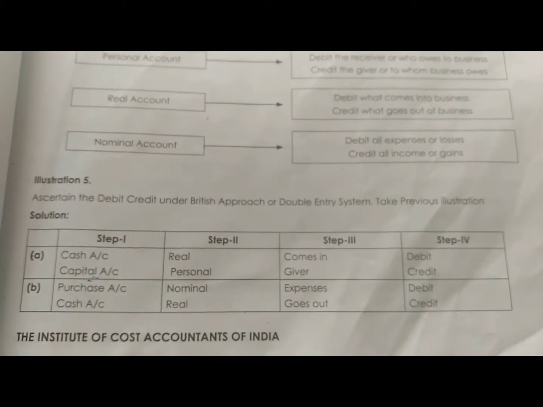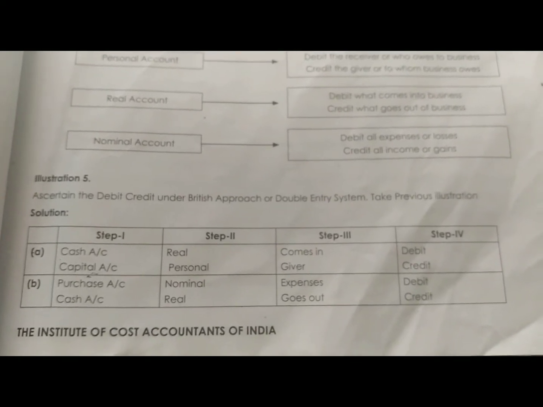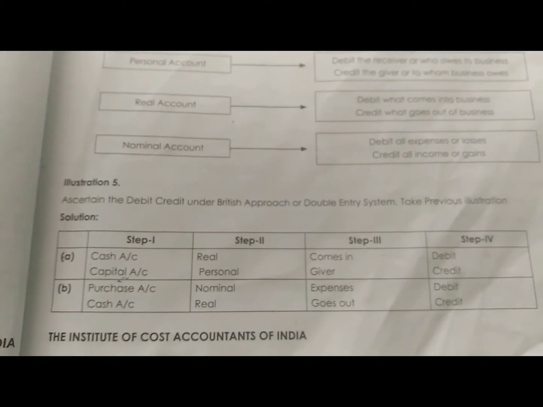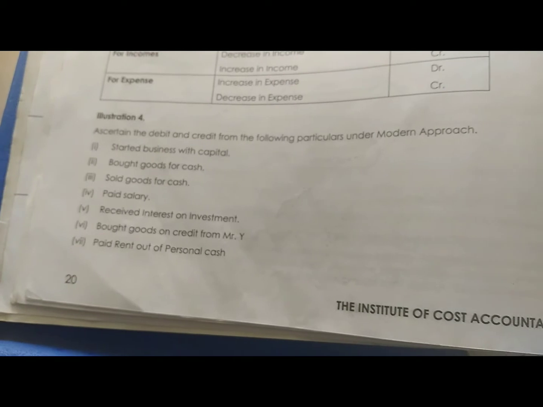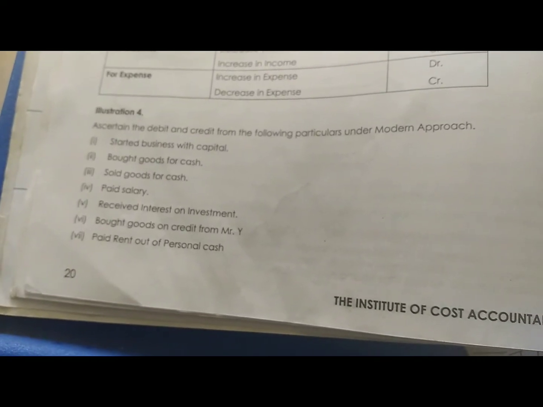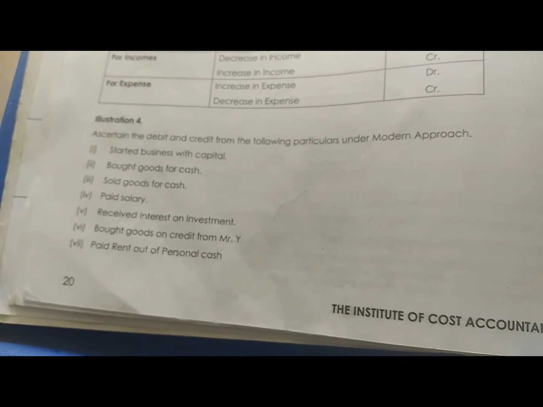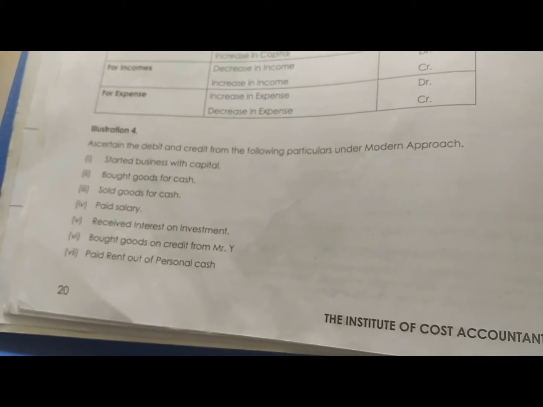Illustration 5. Ascertain the debit and credit under the British approach or double entry system. Take the previous illustration, that is illustration 4. The first transaction is: started business with capital.